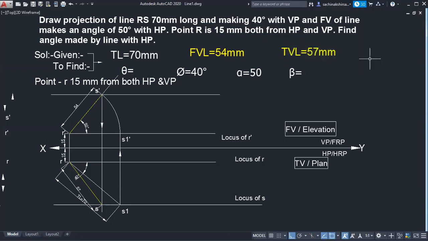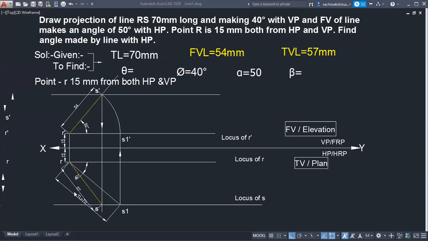Top view length and front view length we got. Then is it possible to measure the angle? Beta, by top view length with XY. So will you measure beta and tell what is the angle beta? Can anybody tell beta by measuring the angle made by top view length with the XY line? 50 degrees, sir. 50 degrees.